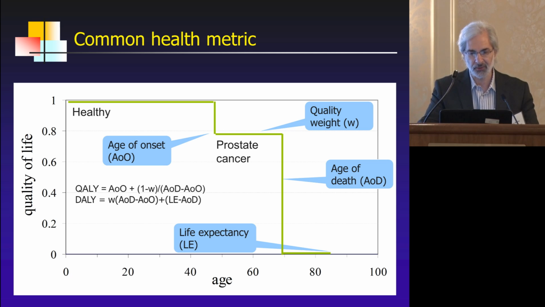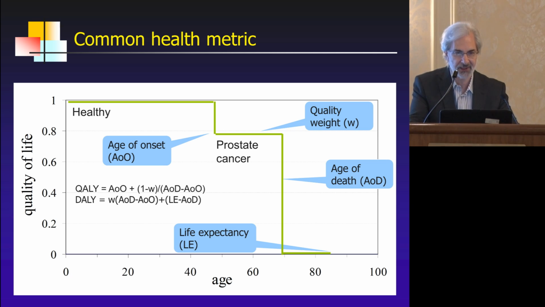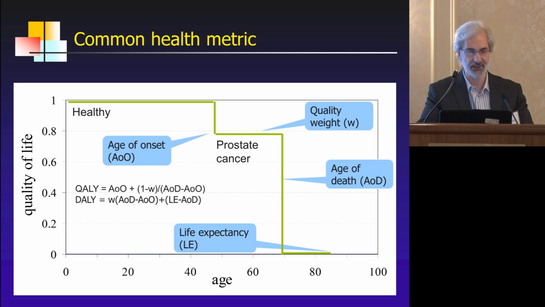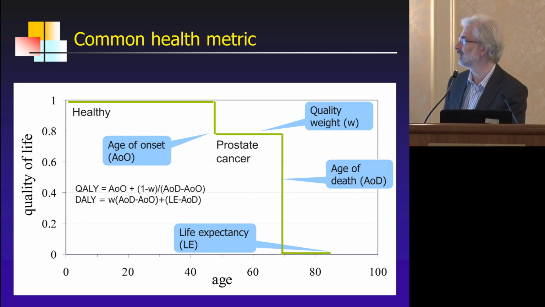And there are 2 approaches to this, depending on whether you're using a QALY or a DALY. The QALY uses the patient's weighting of living with a particular health state, and the DALY uses health professionals' weighting of the weight you would give to a particular health state. They're very similar, but not the same.